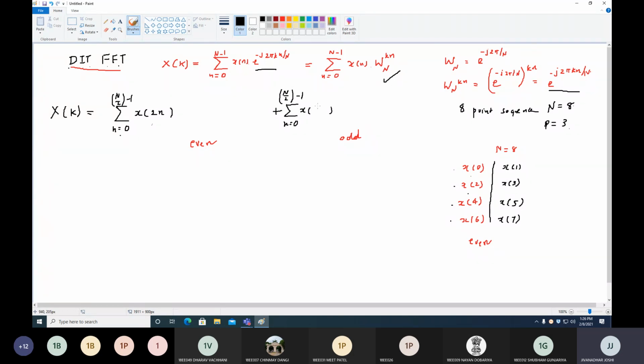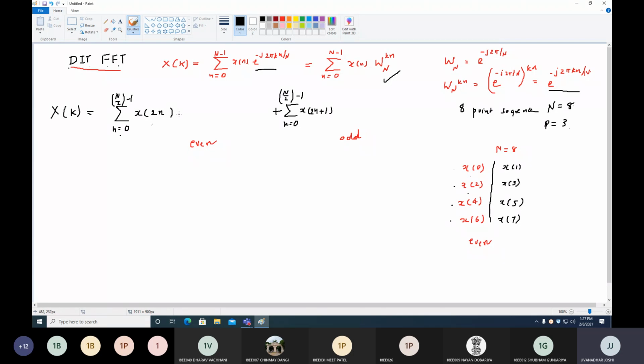Always think about the result once you create something, once you devise something. So 2n plus 1 is correct. See, when I put n equal to 0, it becomes x of 1. It should not become x of minus 1. It should become x of 1. That's why 2n plus 1. If you put a minus sign here, then it will be x of minus 1. But I need to pick up x of 1. That's why over here I should write 2n plus 1.